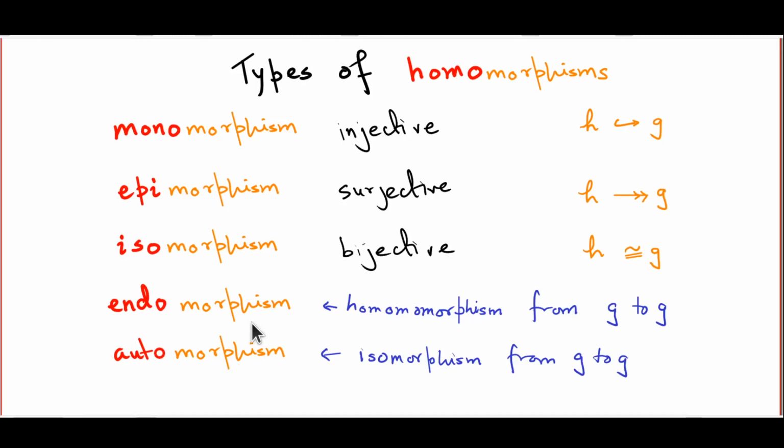And another special nomenclature is that if this map from G to G happens to be an isomorphism, then it is called an automorphism. Once again, the nomenclature is very similar to what we have for groups. You have to just be careful when you're using it to remember whether you're using these nomenclatures for groups as opposed to for Lie algebras.